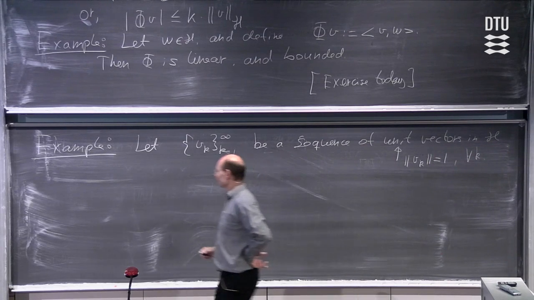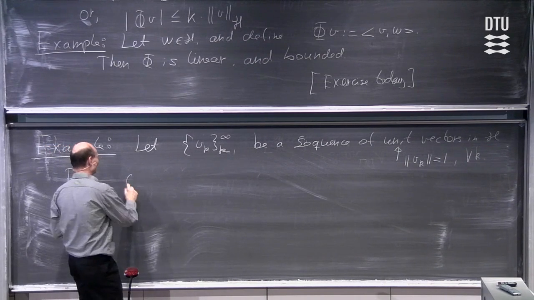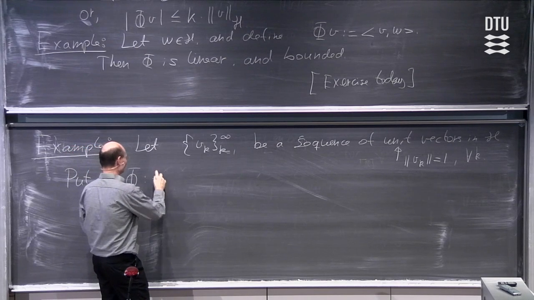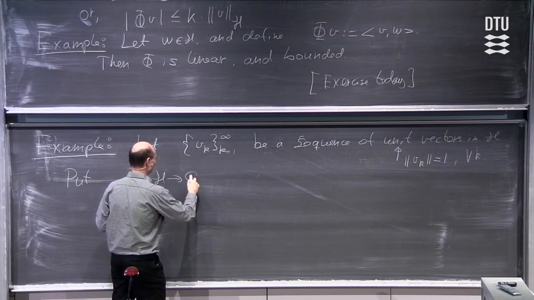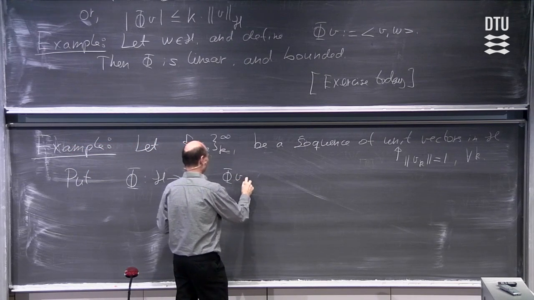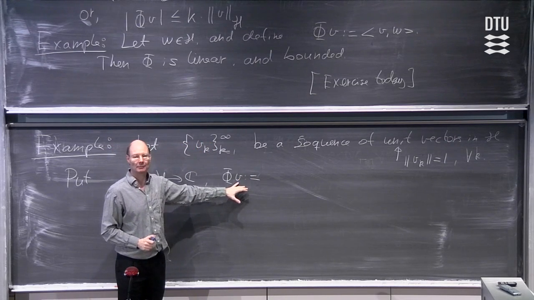So let's define the phi. Again, phi should be something that goes from the Hilbert space H into the complex numbers. So I need to tell you how phi of v can be a complex number.